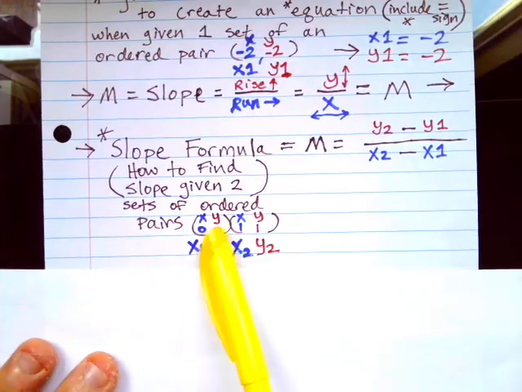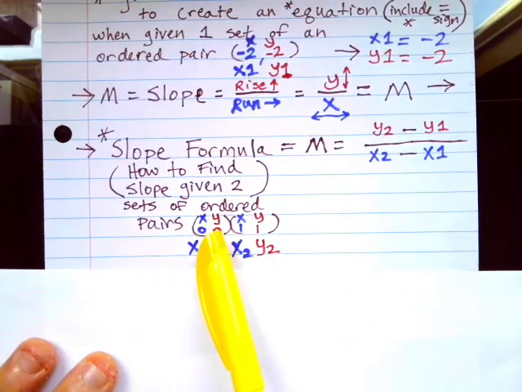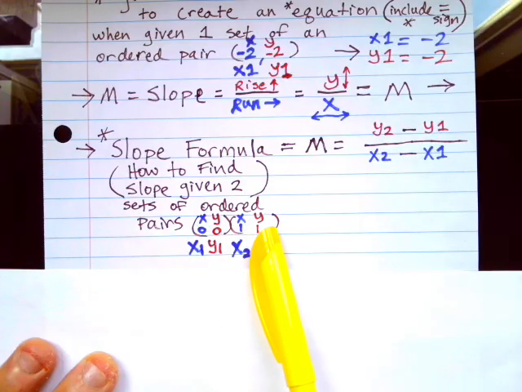So given 2 ordered pairs, x is 0, y is 0, x is 1, y is 1, you can label this x1, which makes this x2. Automatically that becomes your y1 because it's associated with the x1, which automatically makes this your y2.